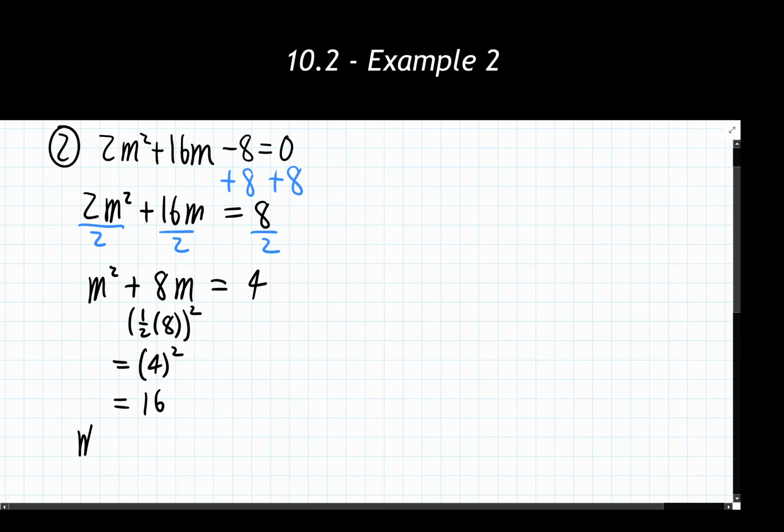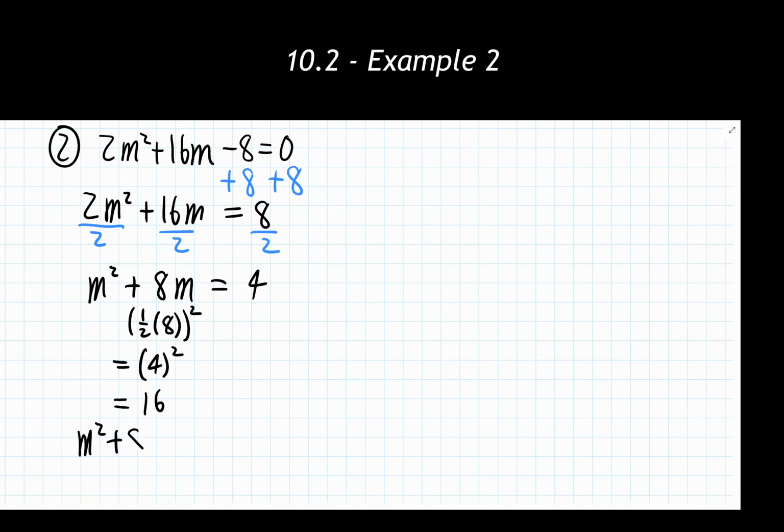So I'm going to end up having m squared plus 8m. And again, just to highlight this a bit more, I'm going to write this in blue. You don't have to do this, but I think it's worth seeing where these are coming from. So this 16 we got at the very end, that just gets added on to both sides of this equation. Remember, whatever I do to one side, I have to do to the other side as well.